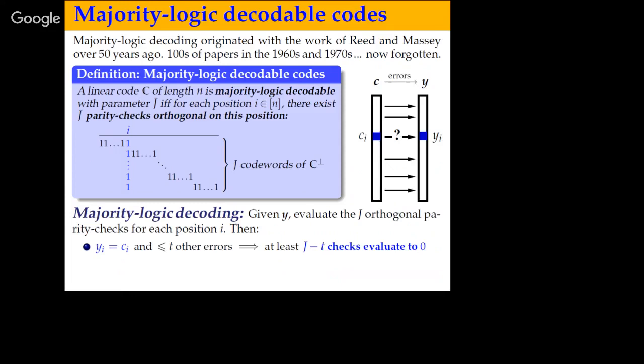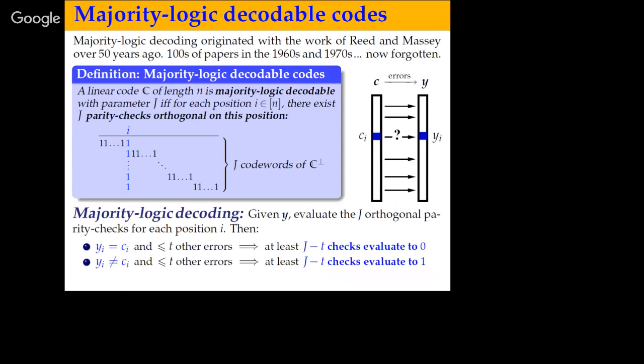Okay. Now suppose there was an error in position I. And again, suppose there are no other errors at this point. Then if I were to evaluate these J checks, they will all evaluate to 1, because in that position there was an error and no others. So they will all catch that error because they all have 1 in that position.